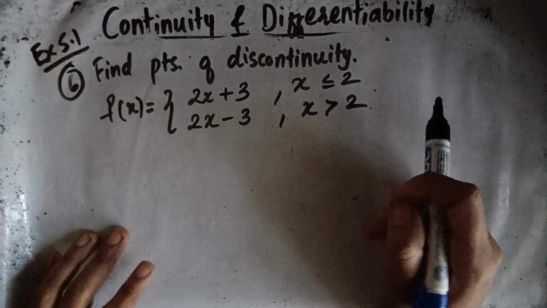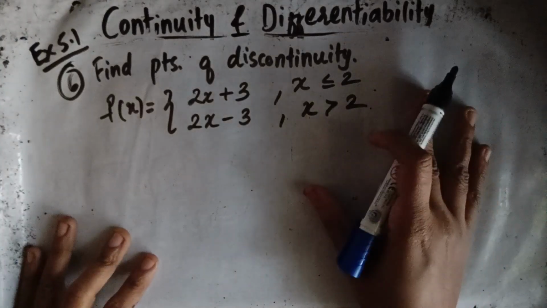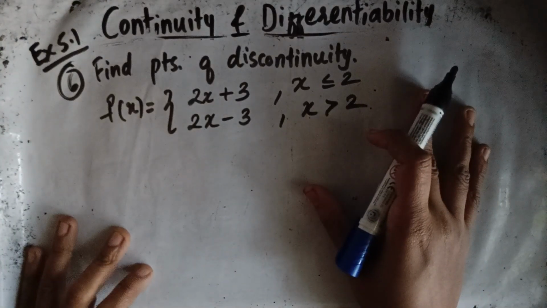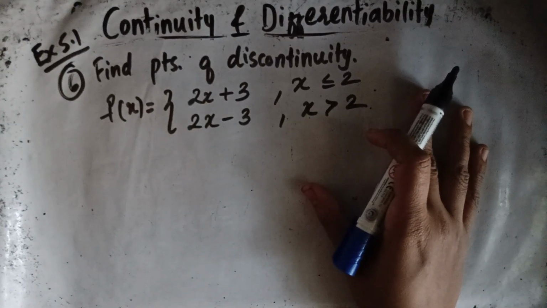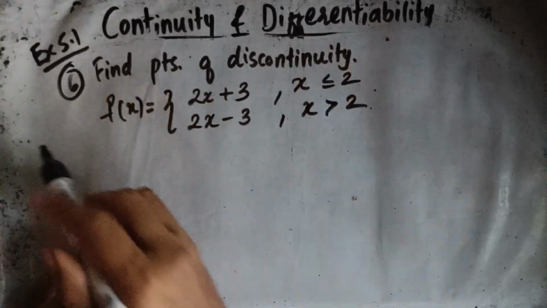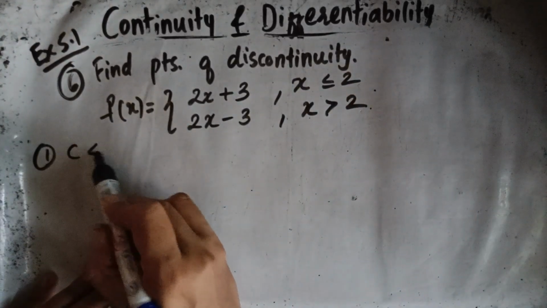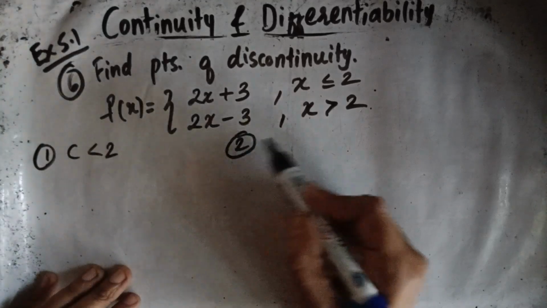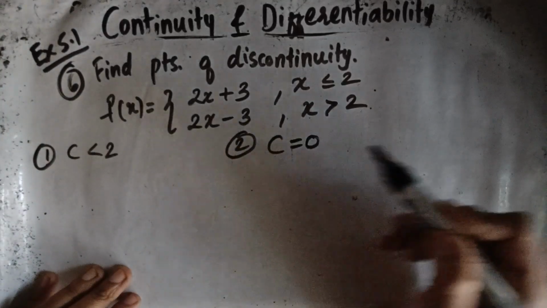So here you have to find points of discontinuity. Take one point, say c, and we have to prove that this function is continuous at that point. So what will be the cases? First case will be c less than 2. Second case will be c equal to 2.